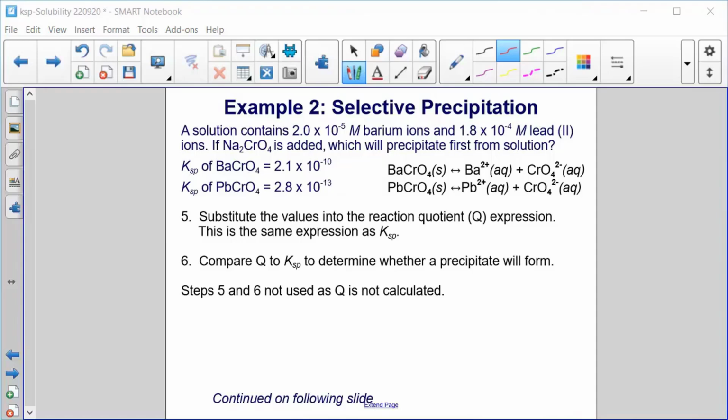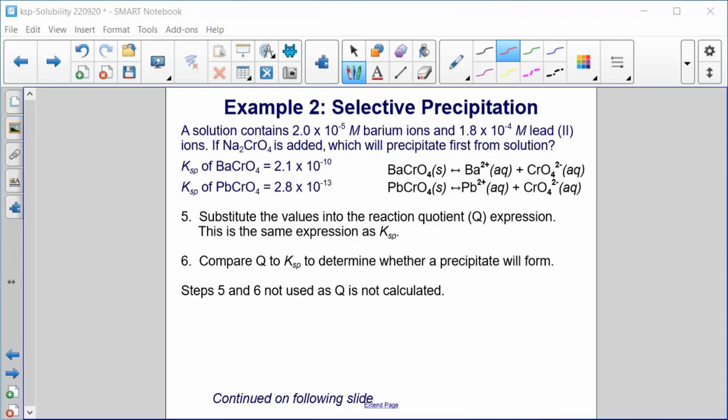Okay, steps 5 and 6 in our process that we outlined earlier, we're not going to use because we don't need to calculate Q or compare it to KSP. And that's because we used our KSP to find what amount of our chromate we would need to add to get to that point where the precipitate will begin to happen. So we aren't comparing to say, did precipitation happen or did it not?